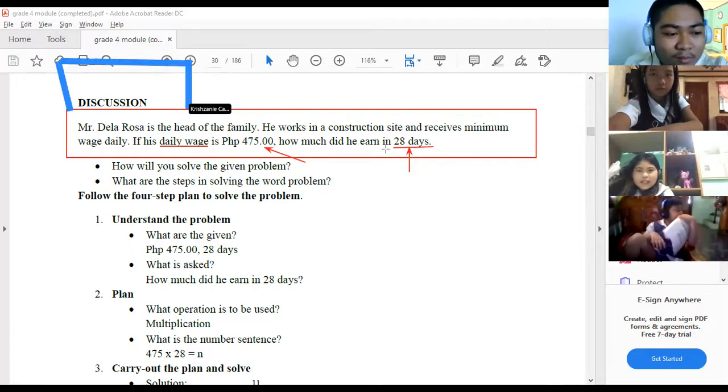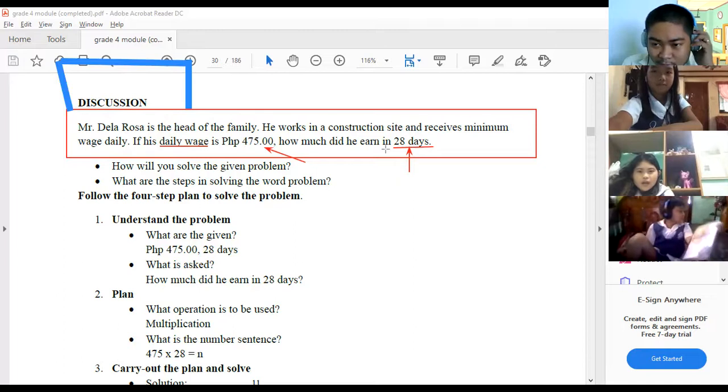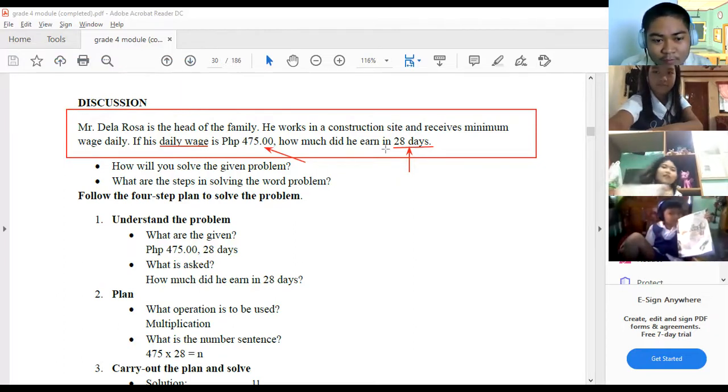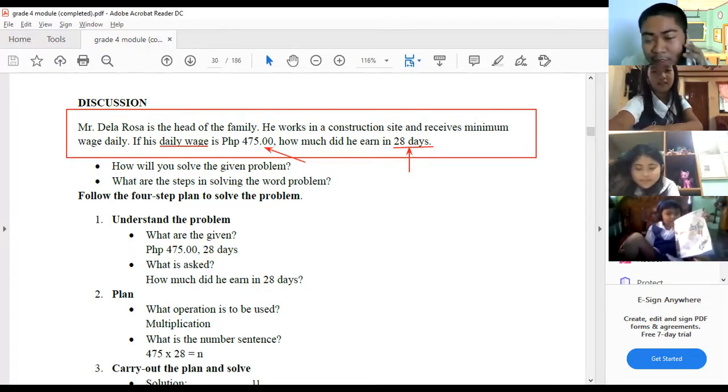Wait lang. What did you draw? Nothing. I draw nothing. Hello, chair.